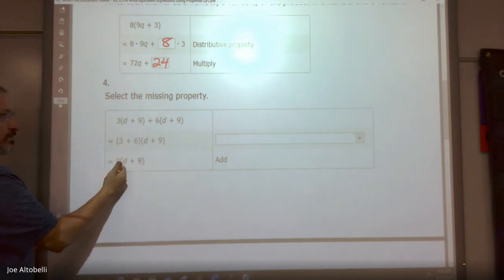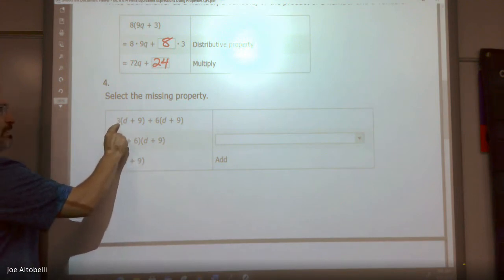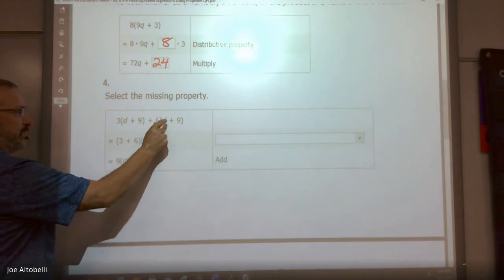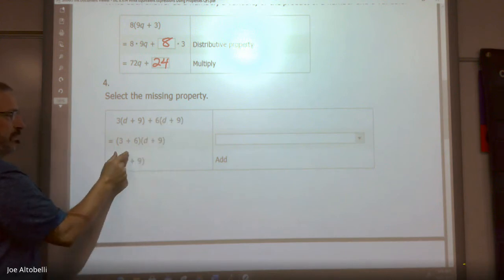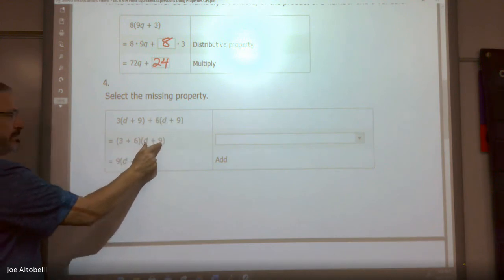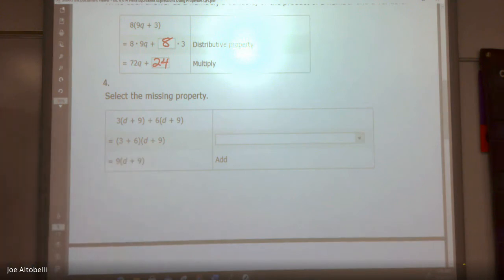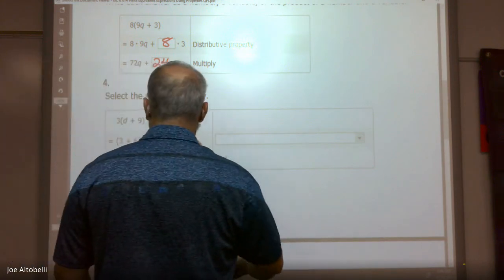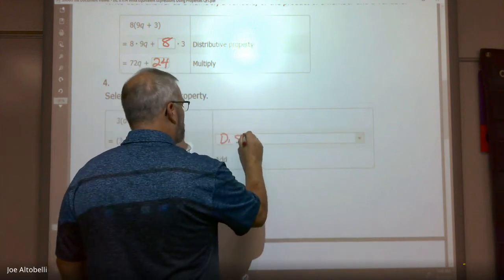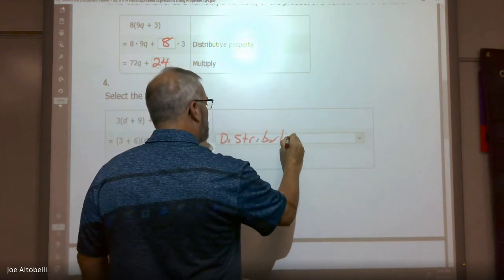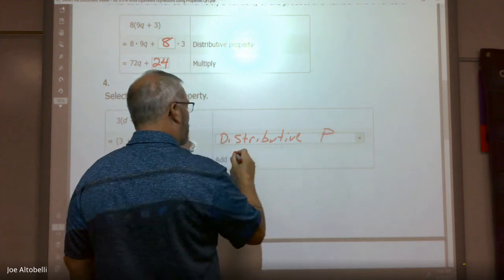That's all they're doing here, because you have the 3 times d plus 6, you have the 6 times d plus 6. So it's the 3 plus 6 times d plus 6, which is the distributive property. It's just showing it in a goofy way. All right. So this is distributive property.